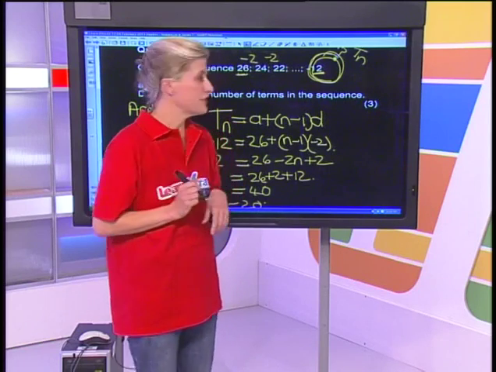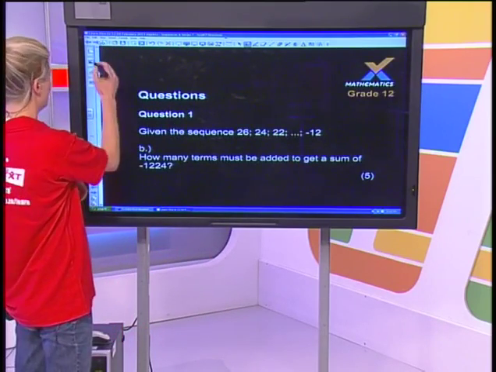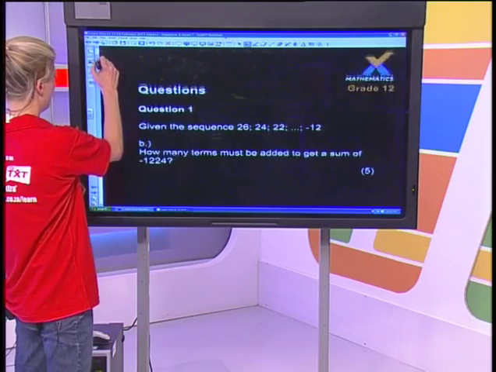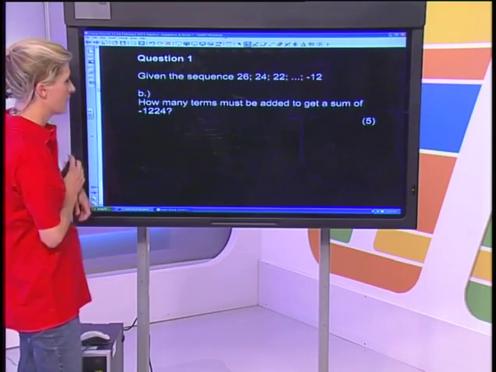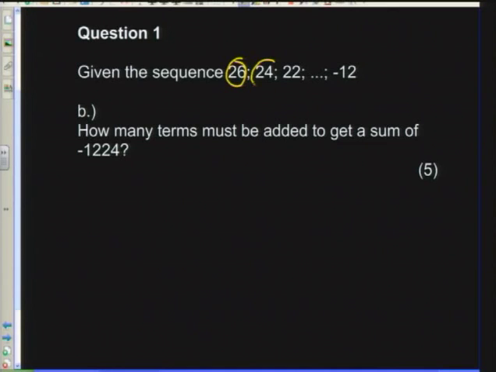Right, this question gets more complicated rather quickly. There's a second part to it. So let's have a look. The next question still deals with my same number pattern, 26, 24, 22, all the way down to minus 12.